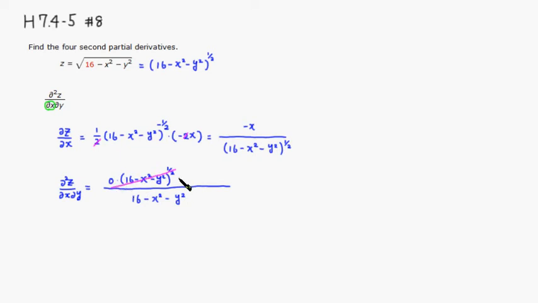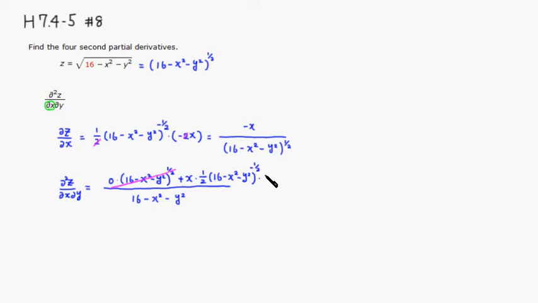So it's going to be minus, then you have a negative x, so it's going to be positive x. Then multiply by the derivative of the bottom, which is 1/2 quantity 16 minus x squared minus y squared, then subtract 1 from the power, so it's a negative 1/2 power.